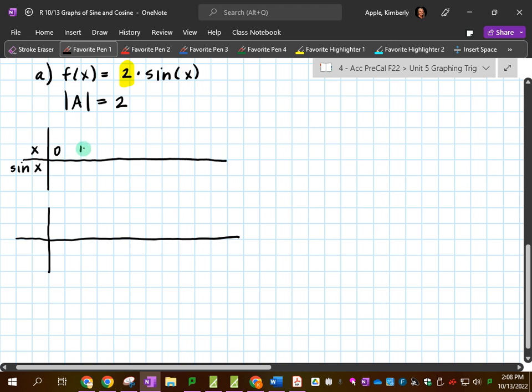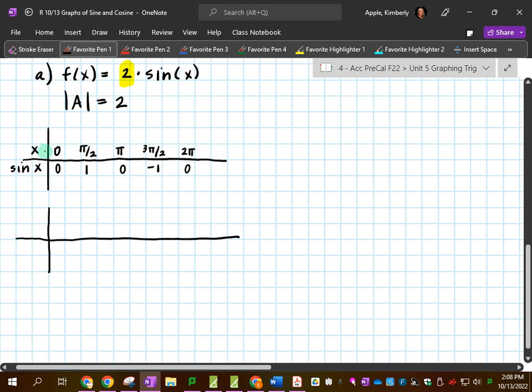For values of x, that'd be 0, pi over 2, pi, 3 pi over 2, these are my important ones, and 2 pi. So what are the values of sine at these places? Well, that's 0, 1, 0, -1, and again 0.